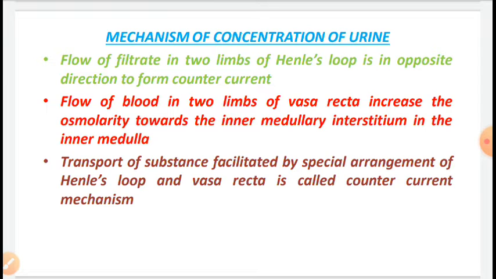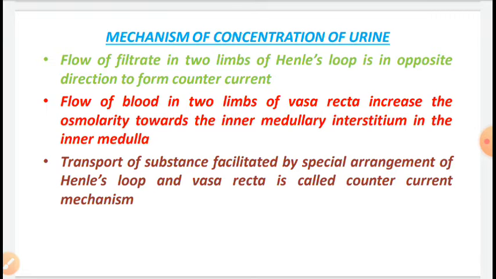So this type of transportation of substances, facilitated by the spatial arrangement of Henle's loop and vasa recta, is known as counter current mechanism. So, what is counter current mechanism?